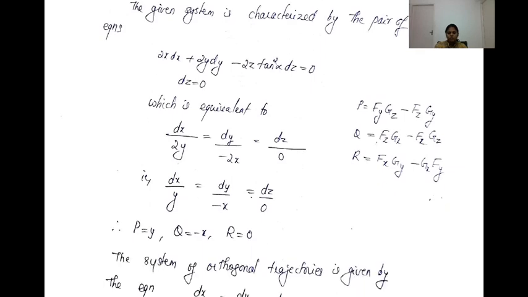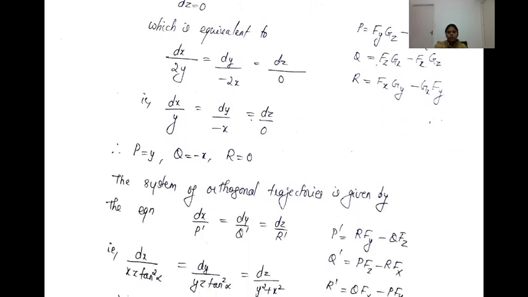And now we need to find p dash, q dash and r dash. So that is obtained by finding the direction ratios with the vectors p q r and fx, fy and fz. So that will give you p dash, q dash and r dash.